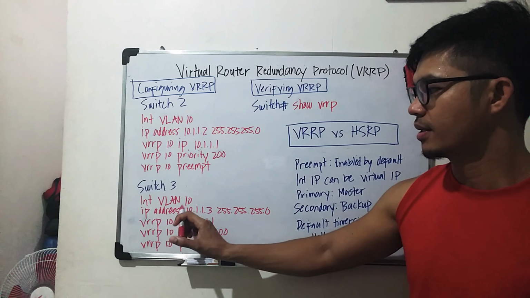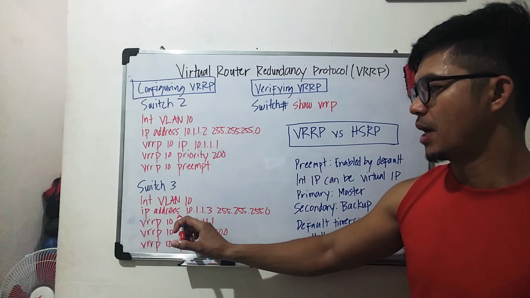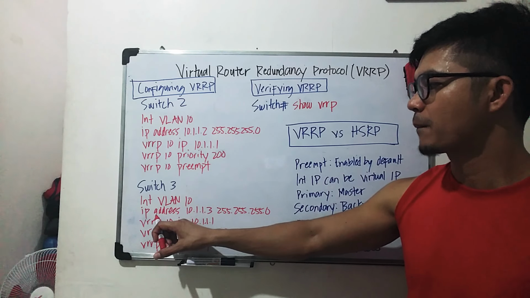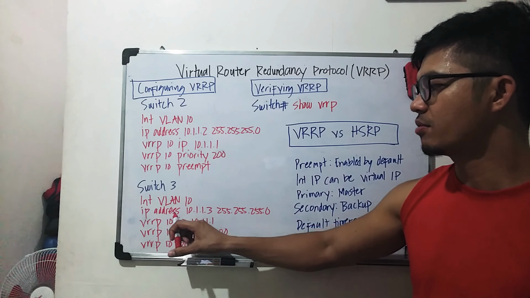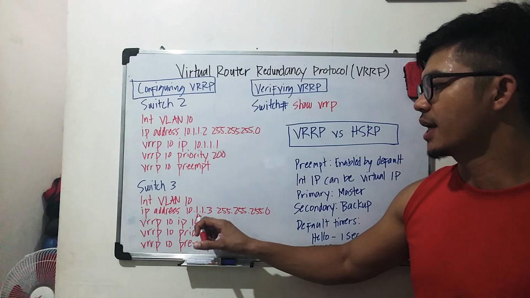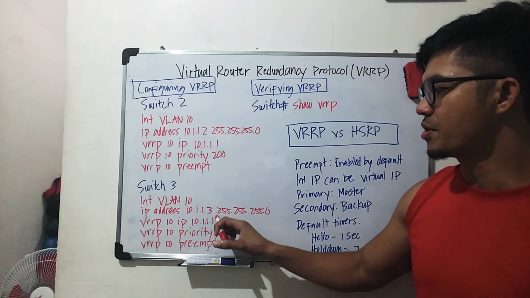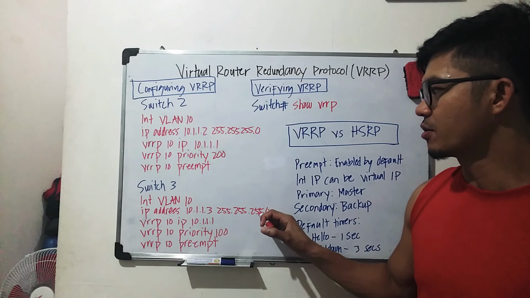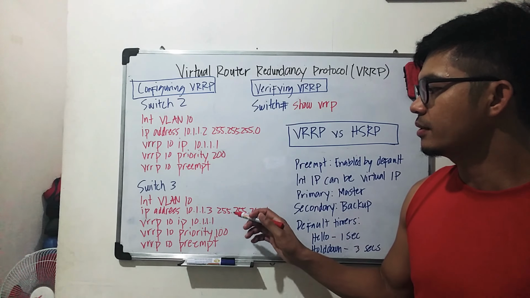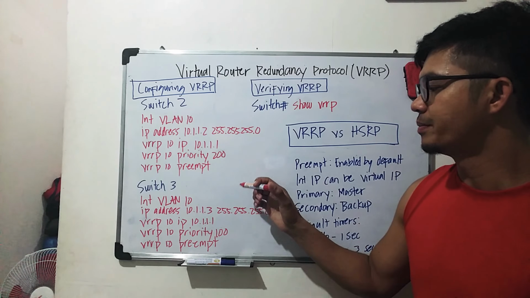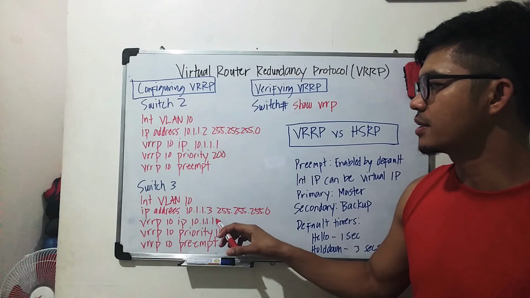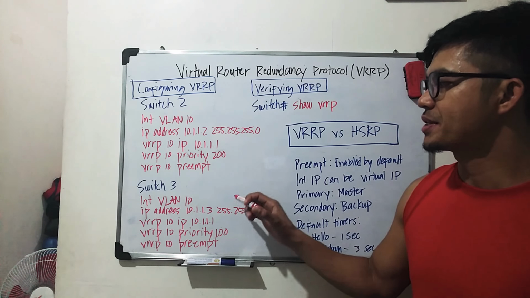Like any other interface, you have to configure it with an IP address. Here I'm using 10.1.1.3, 255.255.255.0. As you can see, they are both on the same subnet. They have to be on the same subnet.